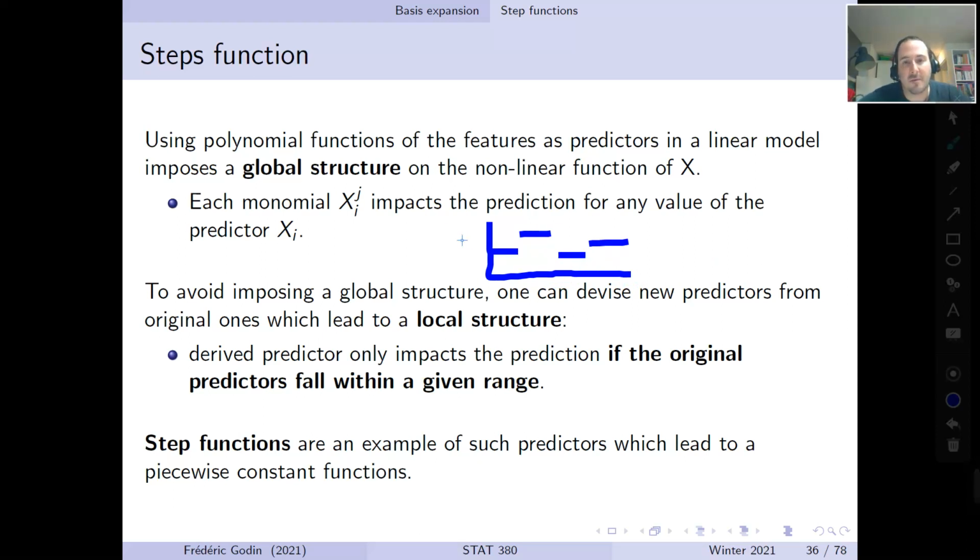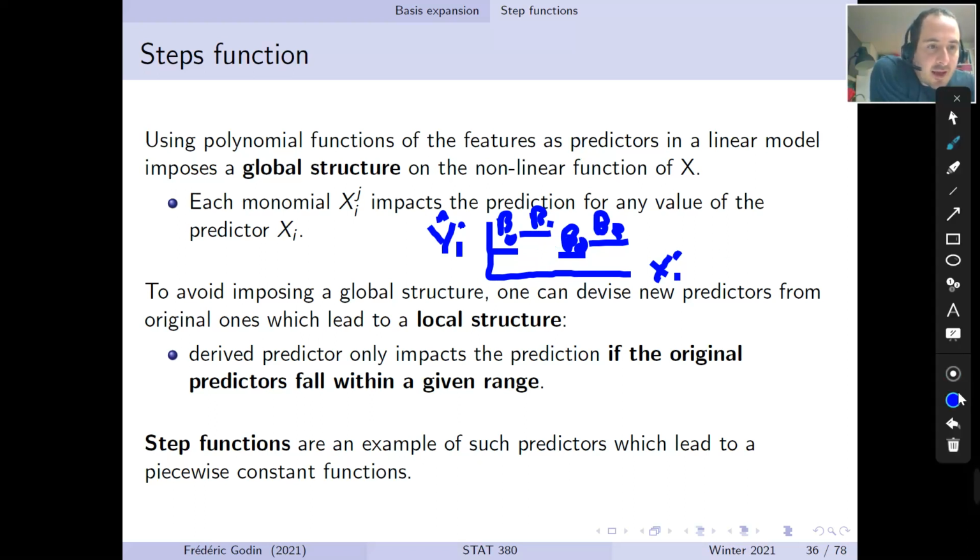Say this is yi hat, this is xi. If you have a prediction function like this, the height of this is beta 0, the height of this is beta 1, the height of this is beta 2, and the height of this is beta 3. If you change one of the betas, you could perhaps shift beta 1 and get a new prediction function like this.